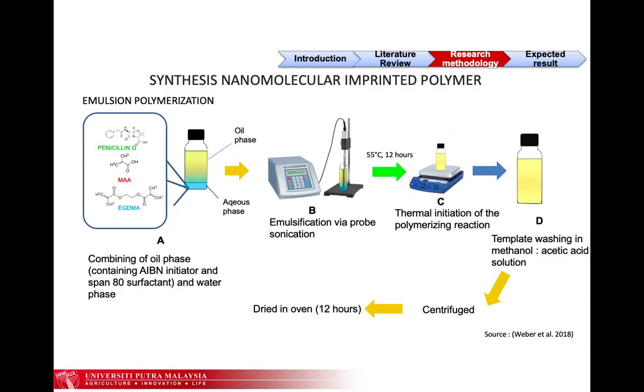So it's very important, because if you don't have the right solvent to dissolve all this, then the polymerization will not happen. Okay, you cannot have a homogeneous polymerization. So these are all parameters and factors that you have to study if you want to prepare imprinted polymer.